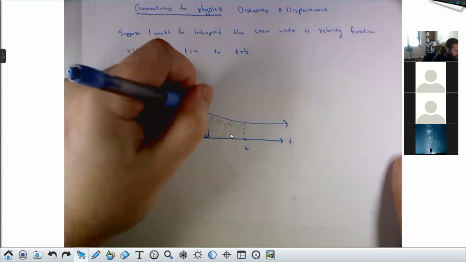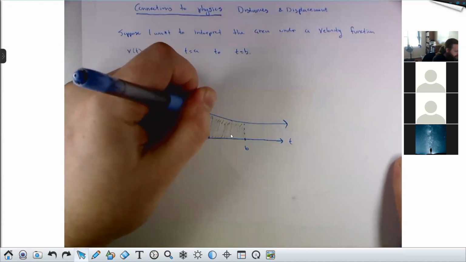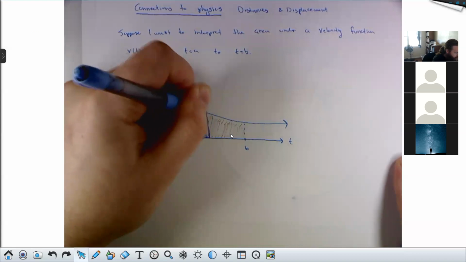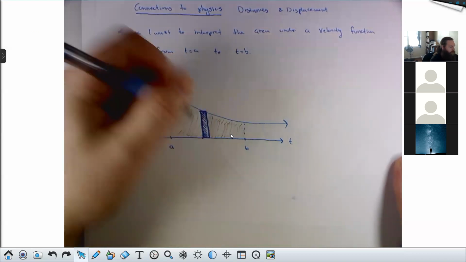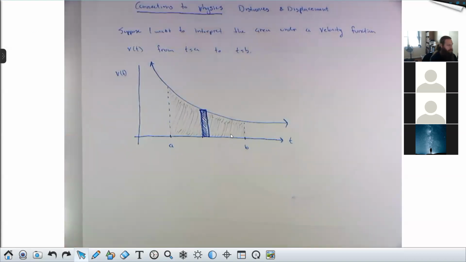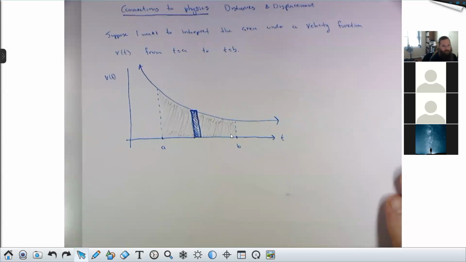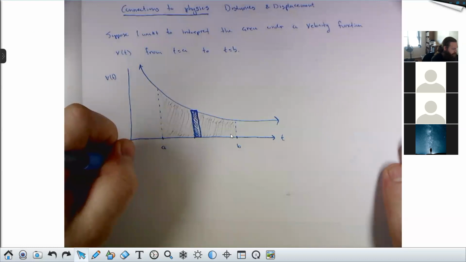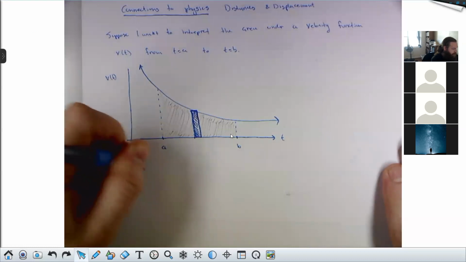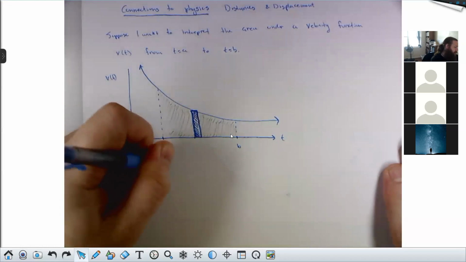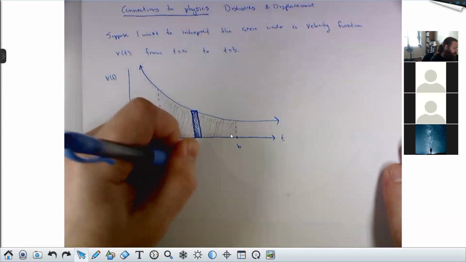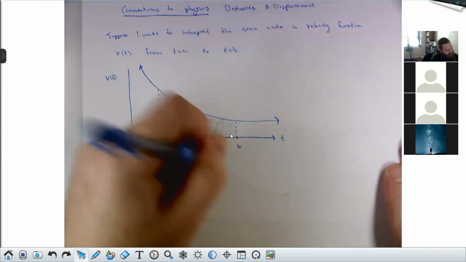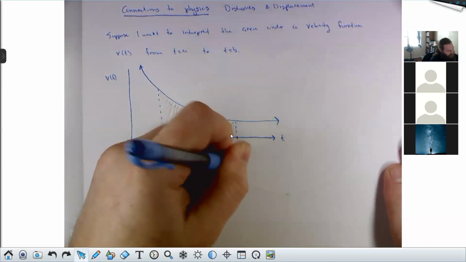Pretend it's very narrow and it's one of many, but I'm just going to draw the one. This little rectangle has a height and a width. Now, when we set up our Riemann sums, the width of the rectangle is always delta x. Here we would call it delta t. So the width of one rectangle is delta t.